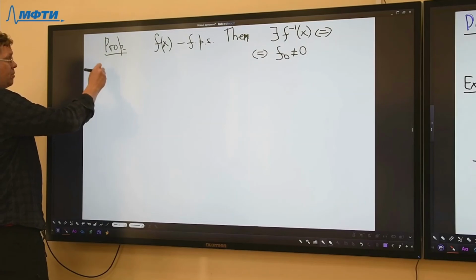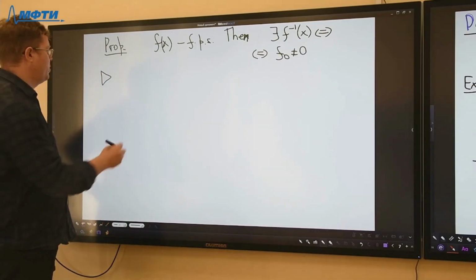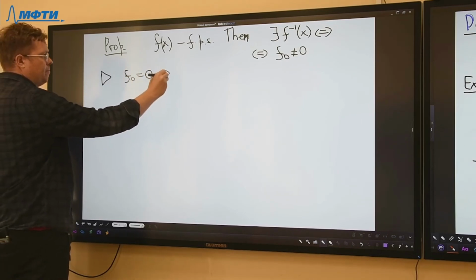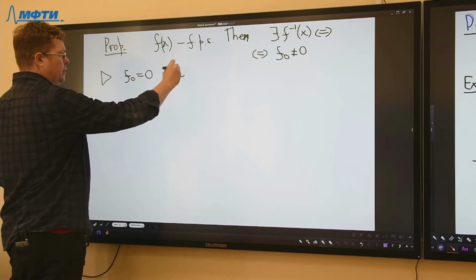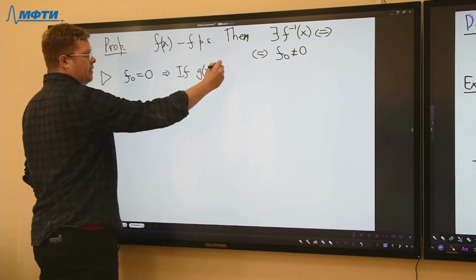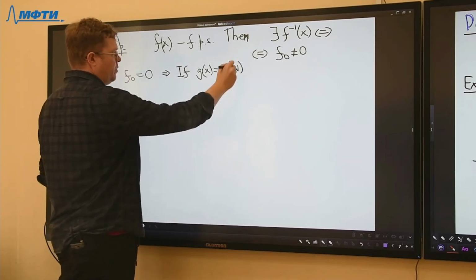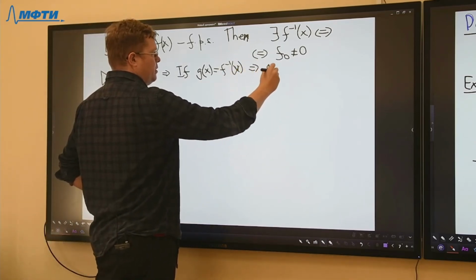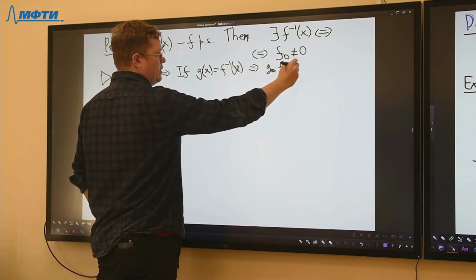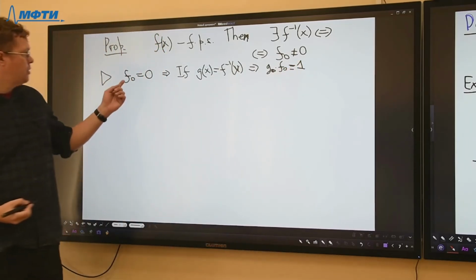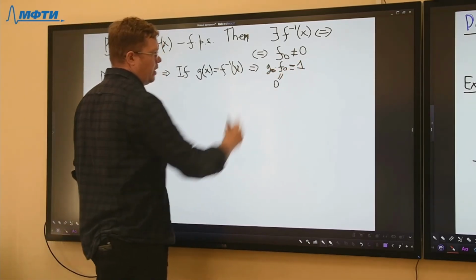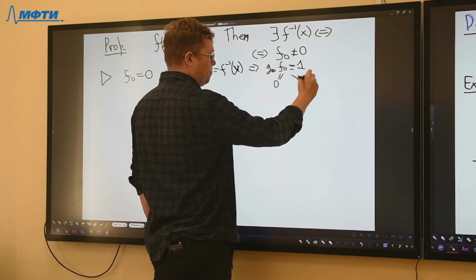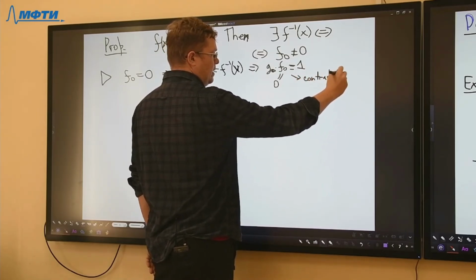The proof is not very hard to see. If f0 is equal to 0, and there exists an inverse of f of x, then g0 times f0 should be equal to 1, but f0 is 0, so this equality is not true because of a contradiction.